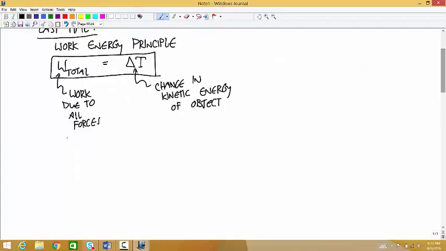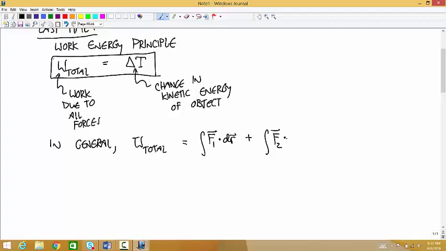Okay. In general, here's the bad news. Work total is equal to the integral of one force dotted with dr, so the line integral over the path of the first force, plus the line integral of the second force dotted with dr, and so on for all the forces.